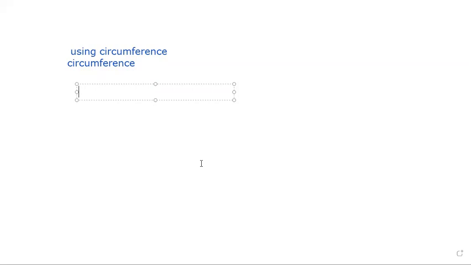So the circumference is a closed curve. It has a fixed point, and all the distances from this fixed point to the curve are constant. But the circle is what? A circle is full. It is the circumference and inside, all the points which belong to the circle and inside the circle.